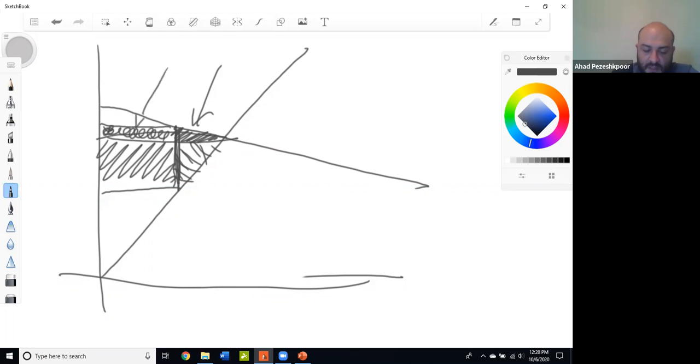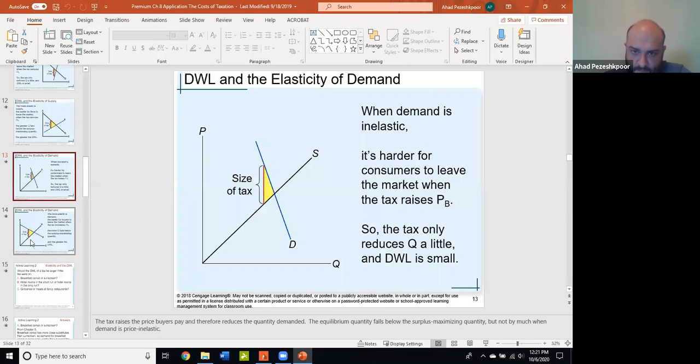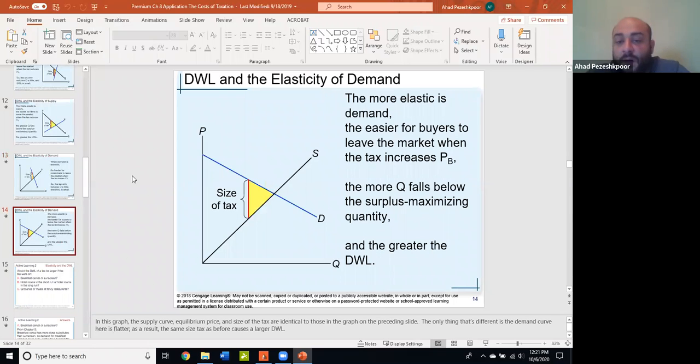So you can see that the people who consume luxuries are paying a far smaller part of the tax. The more elastic demand is, the easier for buyers to leave the market, like for a luxury, the more quantity falls, the greater the deadweight loss.